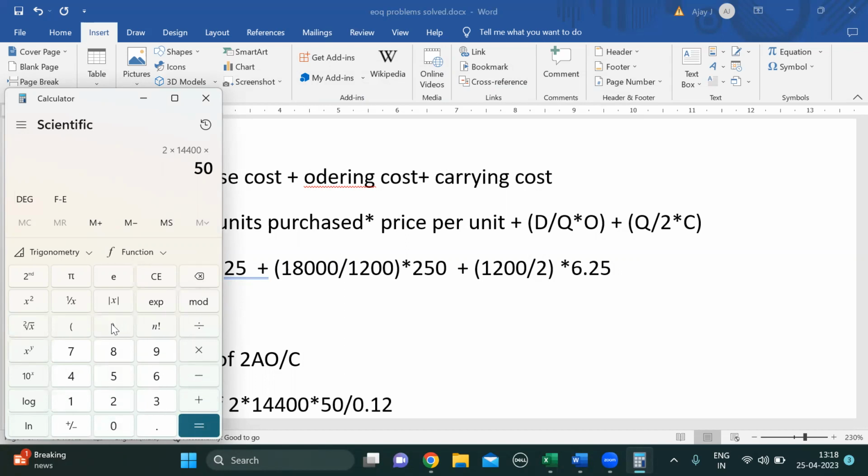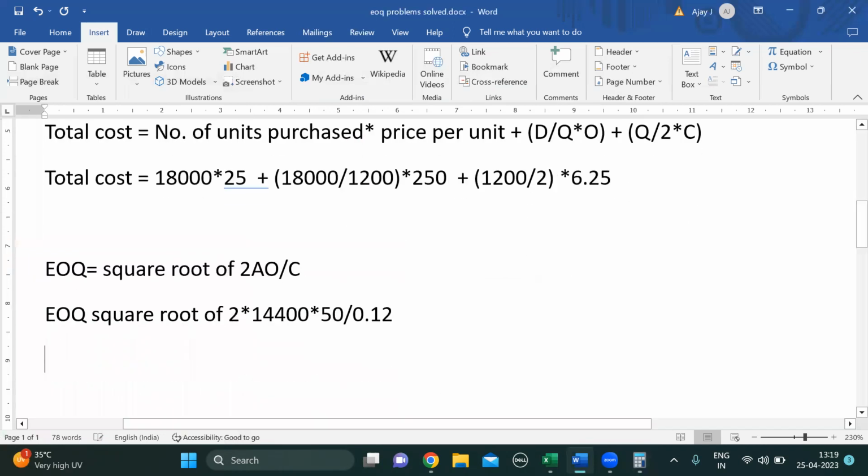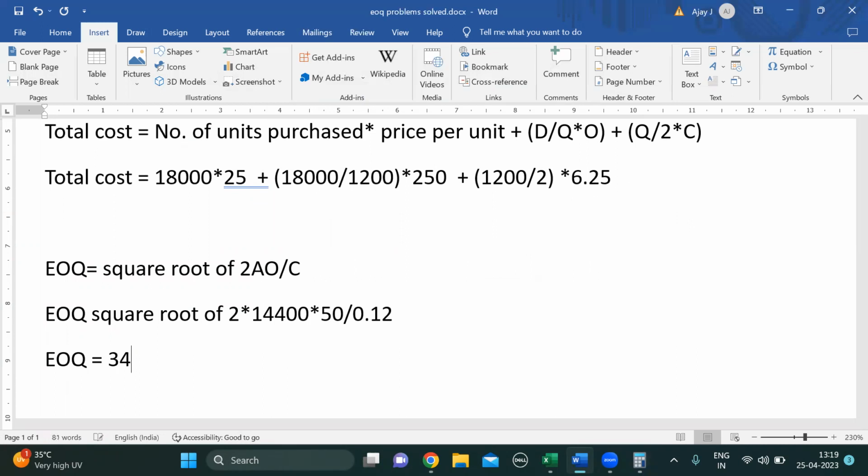Okay, we'll put all this in bracket first. Divided by C with 0.12. So you get this much, and we need to find the square root of this. 3,464 units you get EOQ.